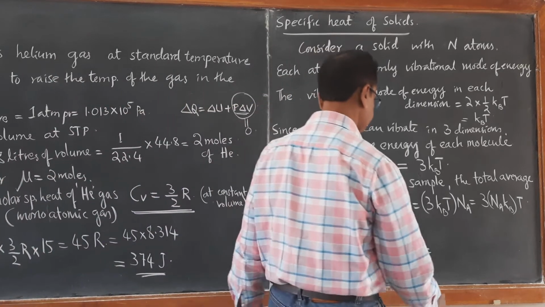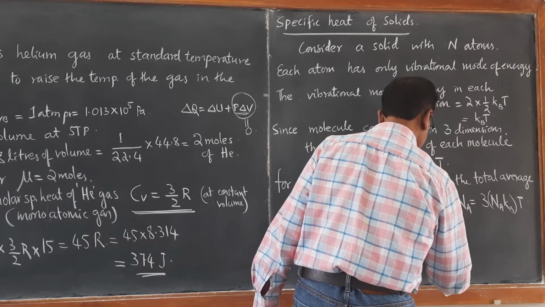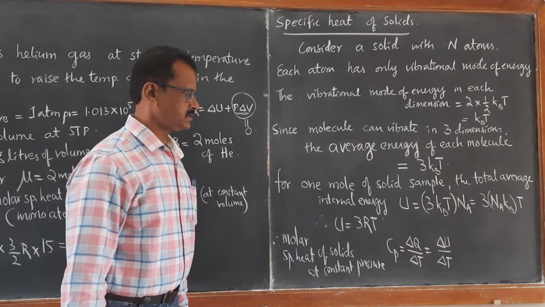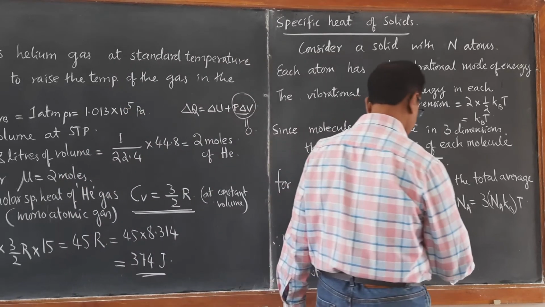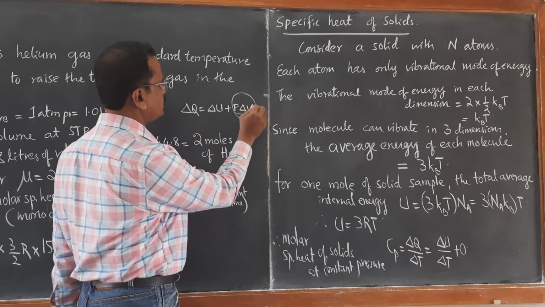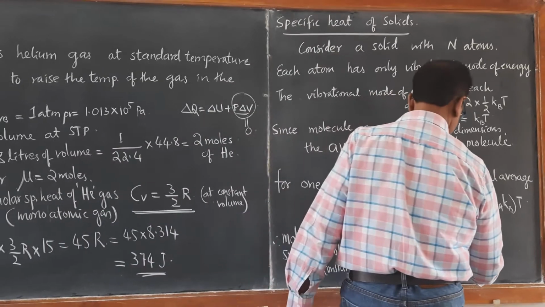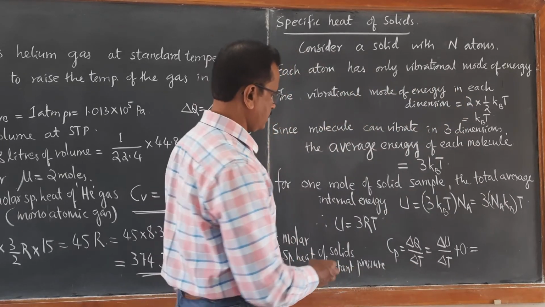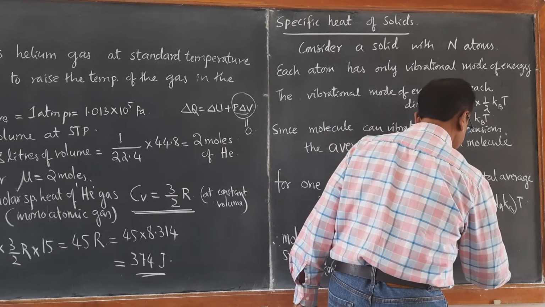So here I will write delta U upon delta T, which is also nothing but Cp equal to Cv for solids, since there is no change in volume. Therefore, delta U by delta T plus 0, because the P delta V by delta T term becomes 0. If you differentiate 3RT, delta U by delta T becomes only 3R.